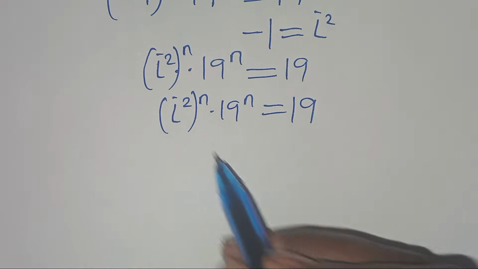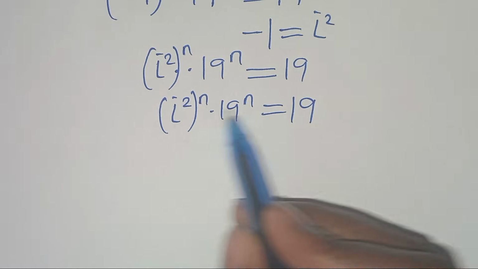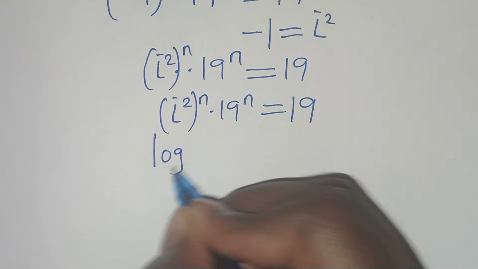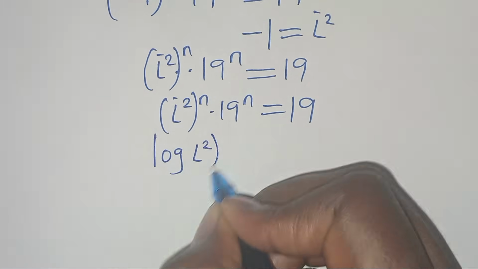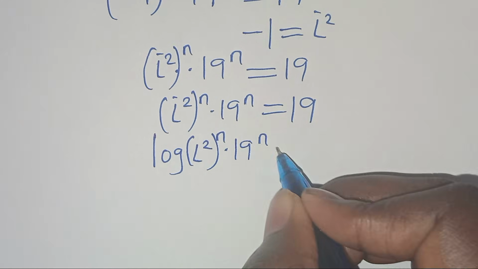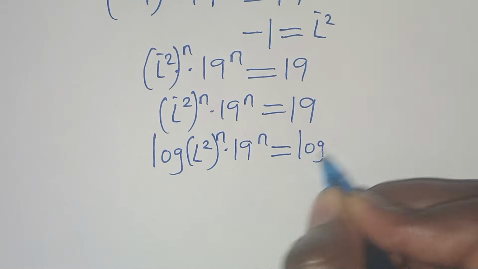Now, let's introduce logarithm on both sides here, so that we have log of i squared raised to the power of n times 19 to the power of n. This is equal to log 19.